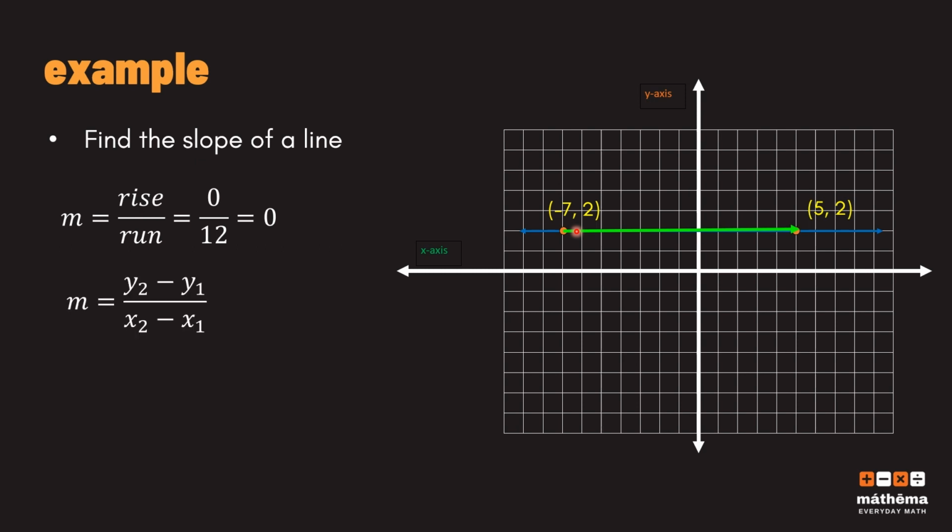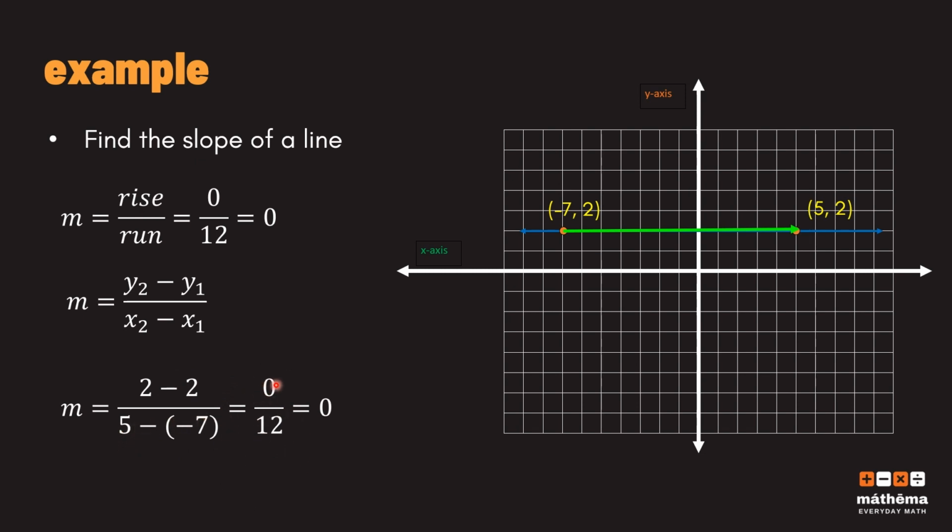Using the two-point method, again, we have y sub 2 minus y sub 1. This is what will happen. 2 minus 2, and then 5 minus negative 5. Again, this will become positive. So 2 minus 2 is 0. 5 plus 7 is 12.